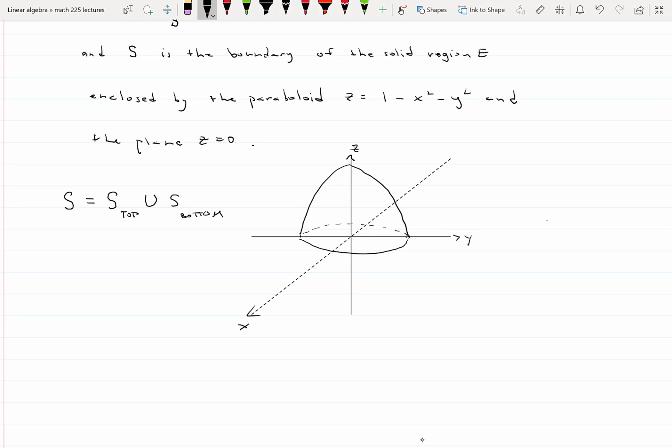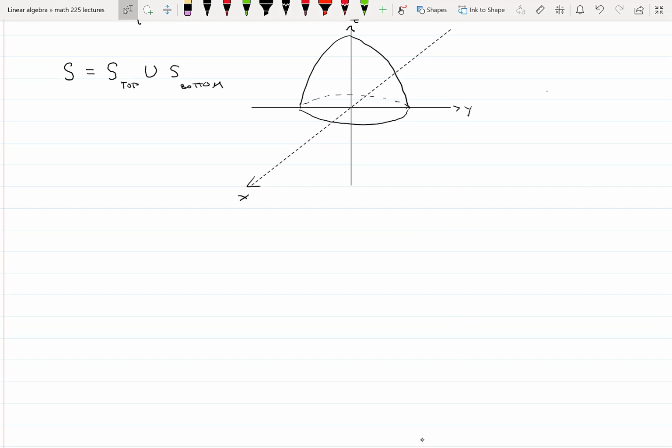To compute the integral of F dot n dS, we're going to need a unit normal. So let's compute the surface integral, or the flux, across the top first. By the way, we're using the idea that the surface integral across S is equal to the surface integral over S top plus the surface integral over S bottom.